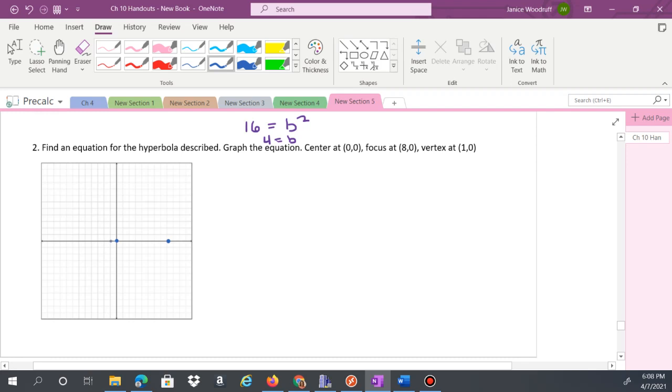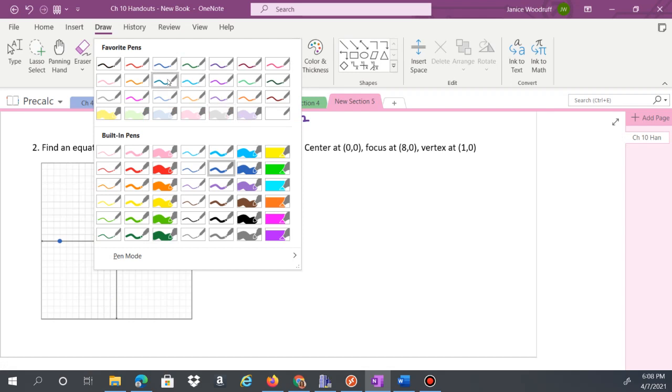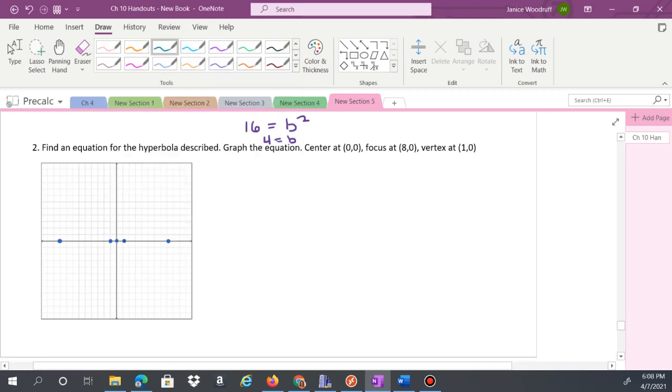So I'm just going to go ahead and put that. 5, 6, 7, 8. And then we have a vertex at 1, 0, which means you have another vertex at negative 1, 0. Okay, so we have the first little bit of information here. We know that we're opening towards the focus, so we know we're going to start opening like this on either side.